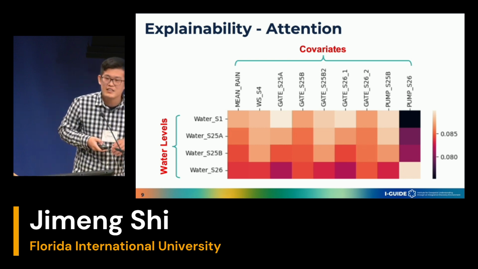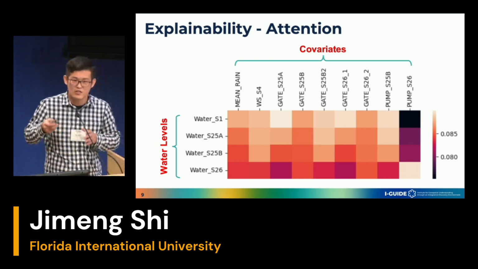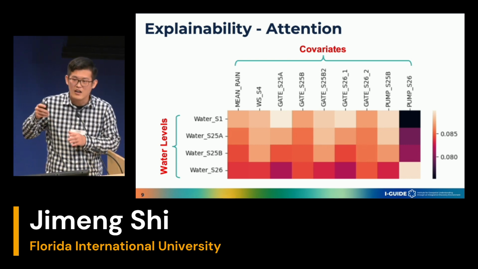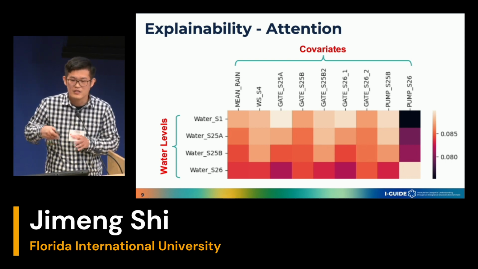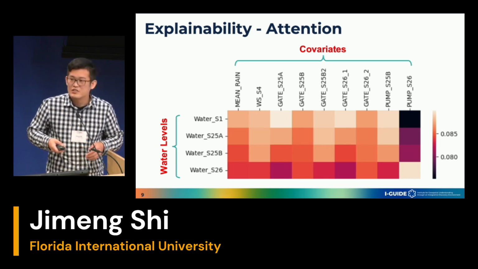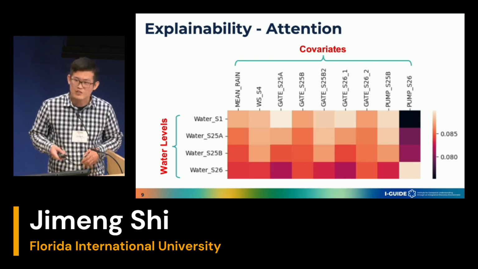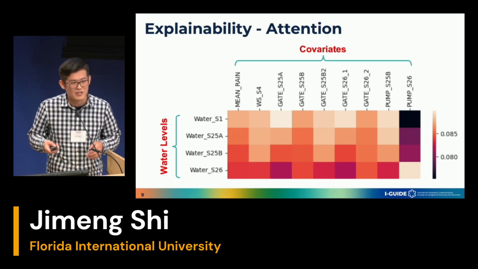So what I want to say is the water level at some location pays lots of attention to the nearby hydraulic structures at the same location. That makes sense and is consistent with our prior knowledge, which means we can prove our deep learning models are learning the correct and useful things.